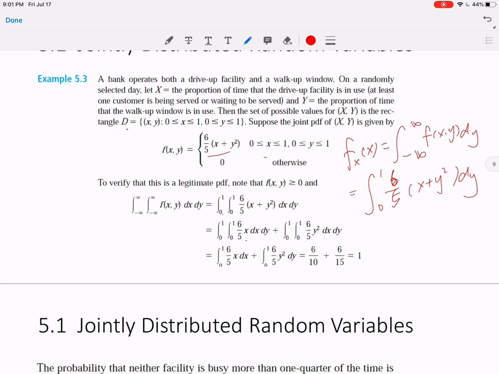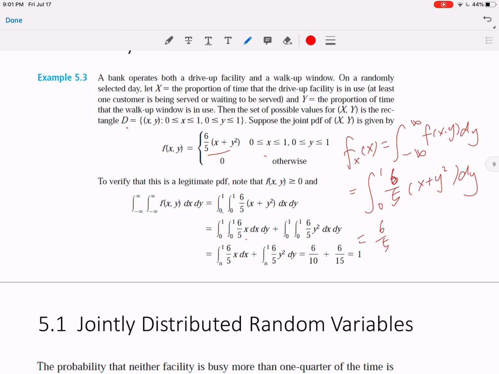Actually, we can pull out the 6 over 5. So 6 over 5, and then integrate this with respect to y. Of course, we just consider x a constant, so that would be x y, and then plus 1/3 times y cubed. This is the power rule.